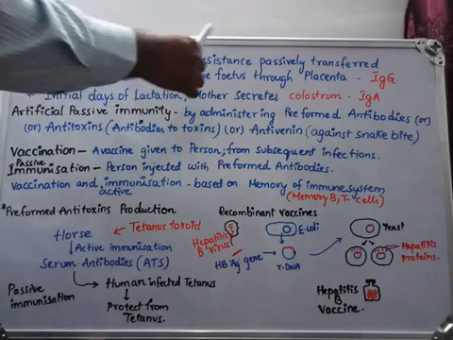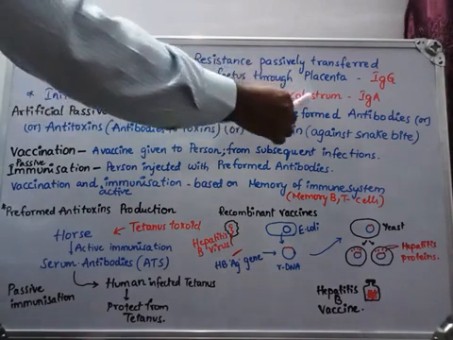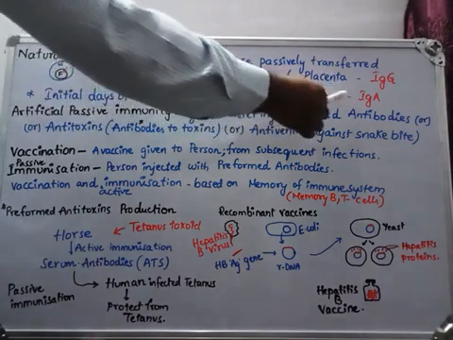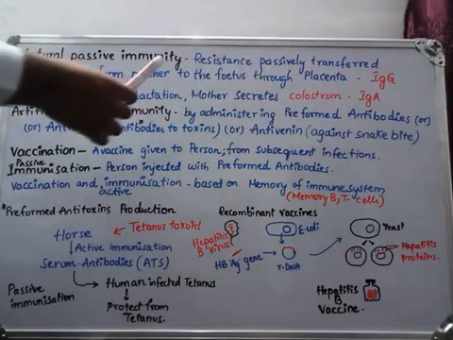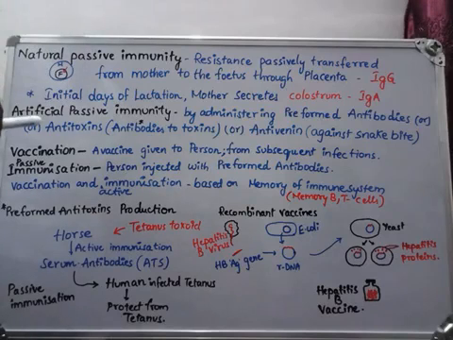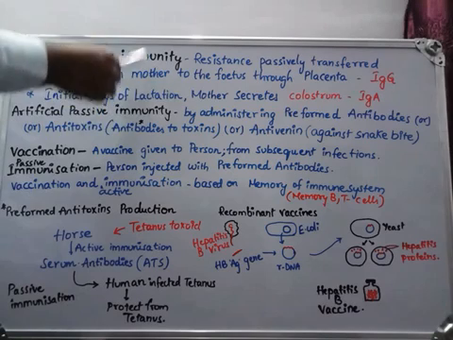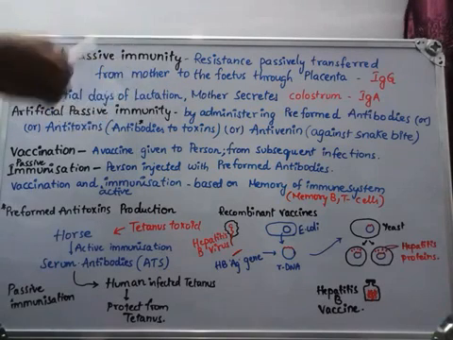When she breastfeeds the child, the colostrum antibodies are transferred, so the infant will be protected. This passive immunity is temporary, not permanent, because the antibodies exist for only a few months.